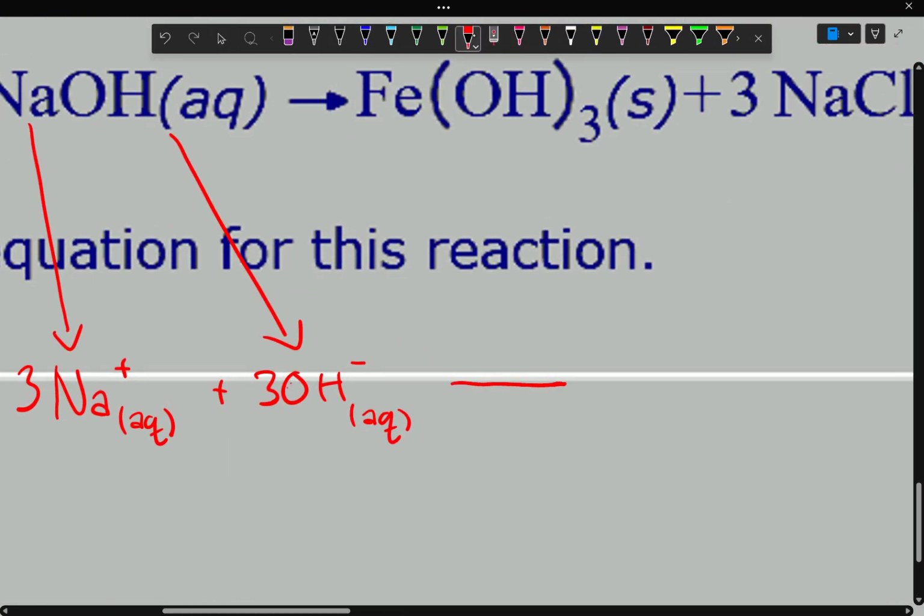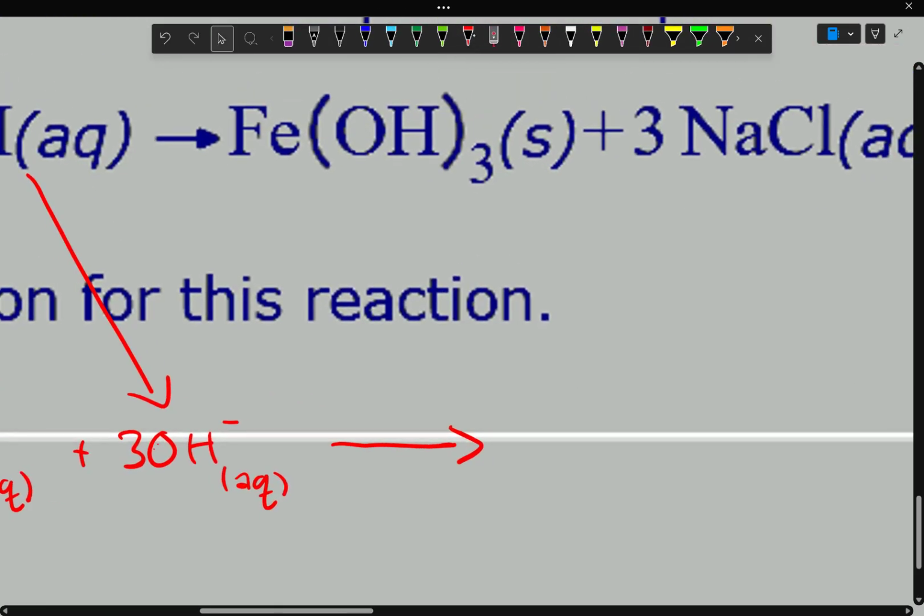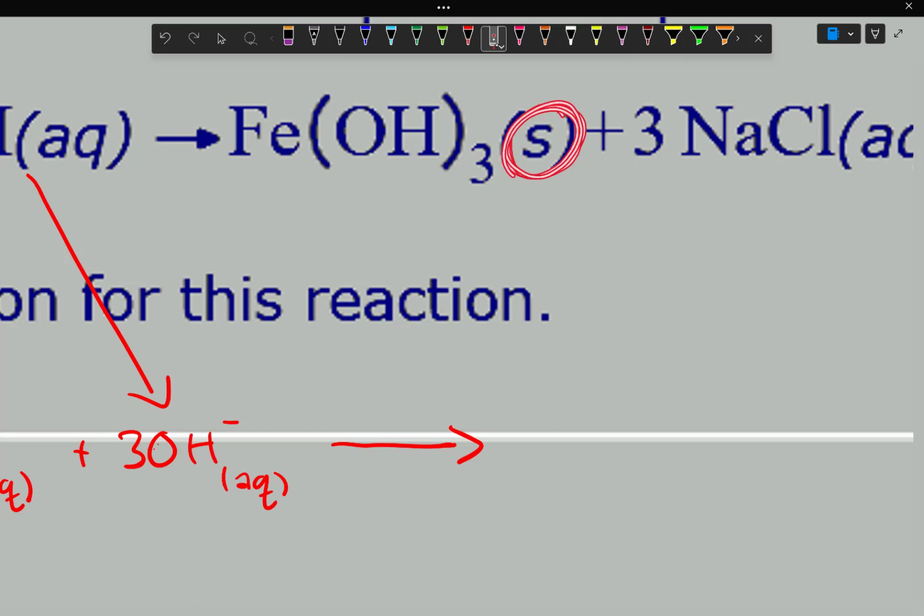Moving on to the right side. Notice this is solid. When it's solid, it's not being broken up into its ions. You're not going to have Fe3+ floating around in the water, right? It's not aqueous.